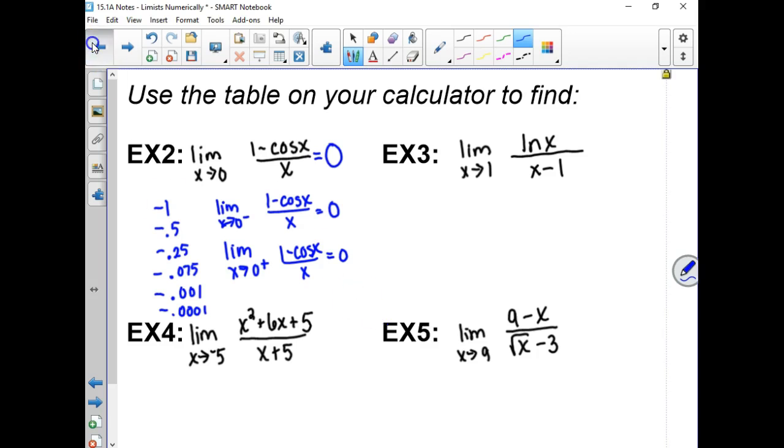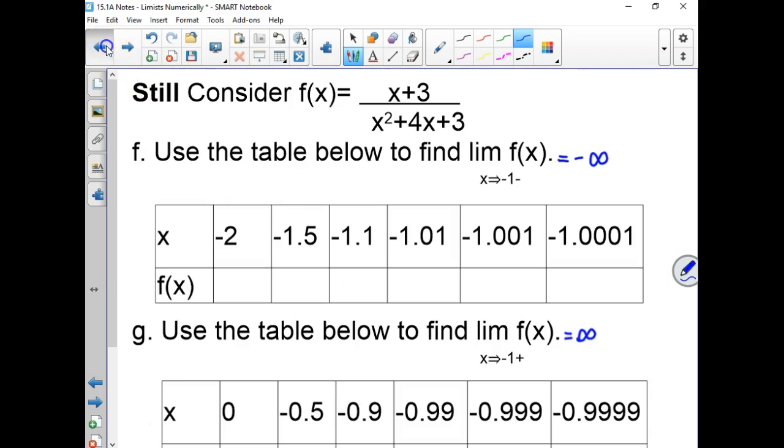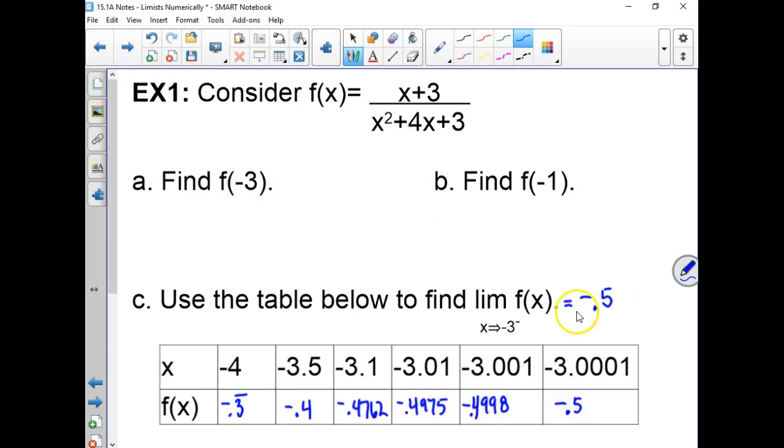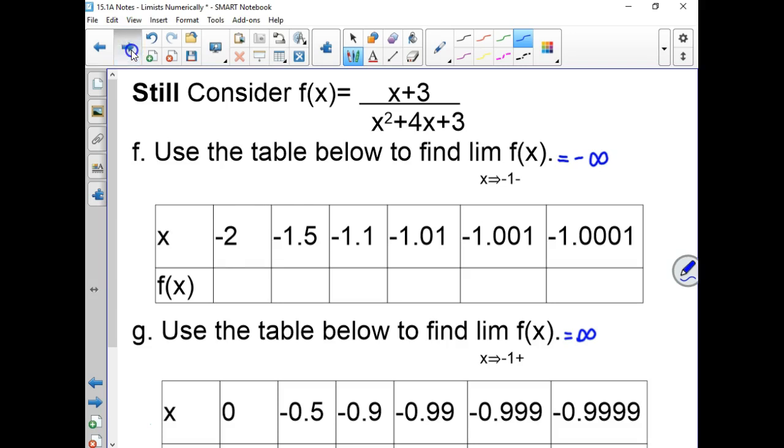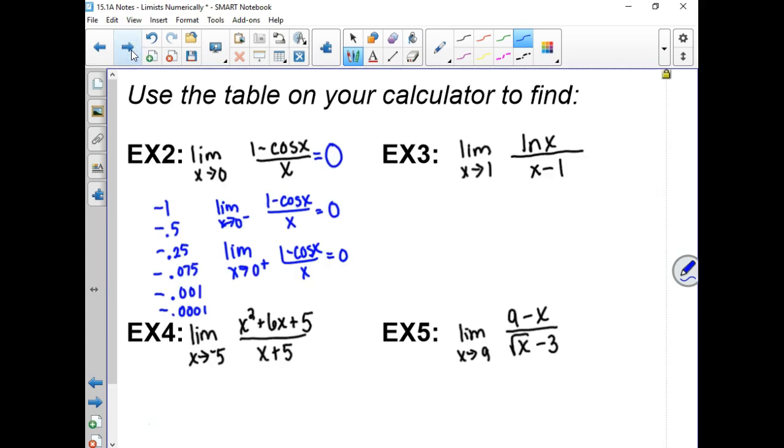So, on that first one that we did, we got negative 0.5, even though the limit that we were finding was approaching negative 3. So, it's just sort of a coincidence that it matches here, but it's not always that number. You want to do the next one together? Okay, let's do the next one together.